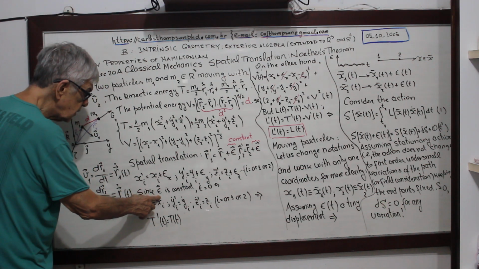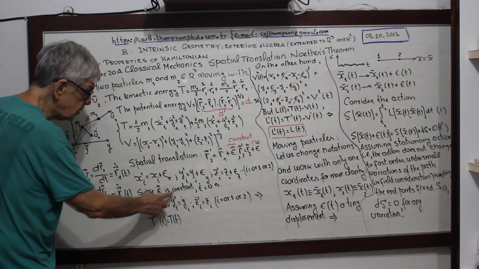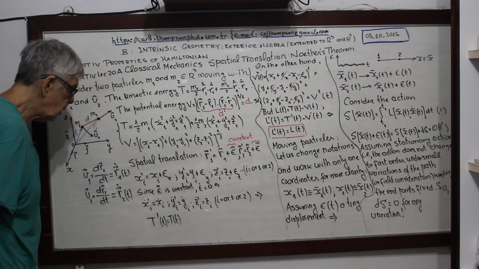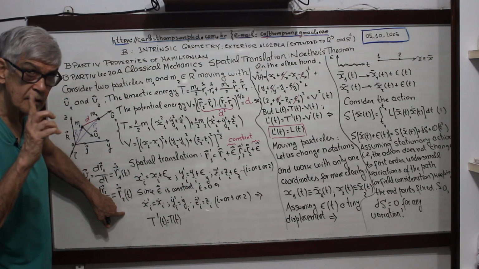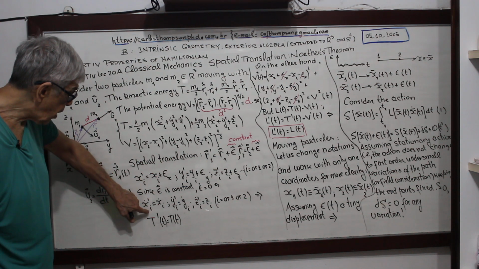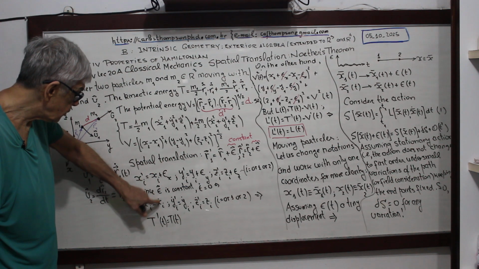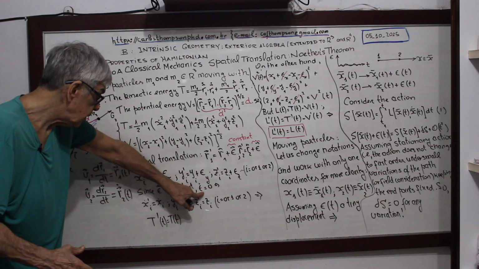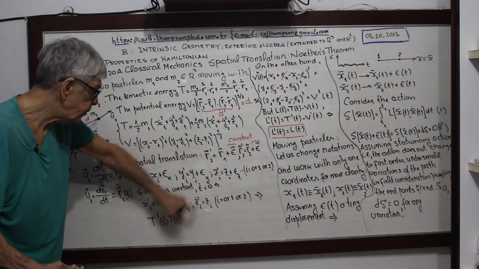Since this tiny displacement is constant, its derivative is equal to 0. So this implies, attention now, that the dot of x prime i is equal to the dot of xi, because epsilon dot is 0.